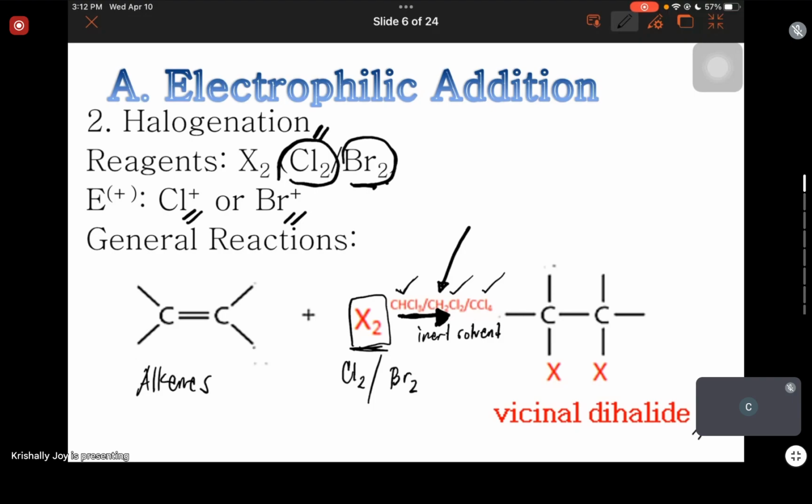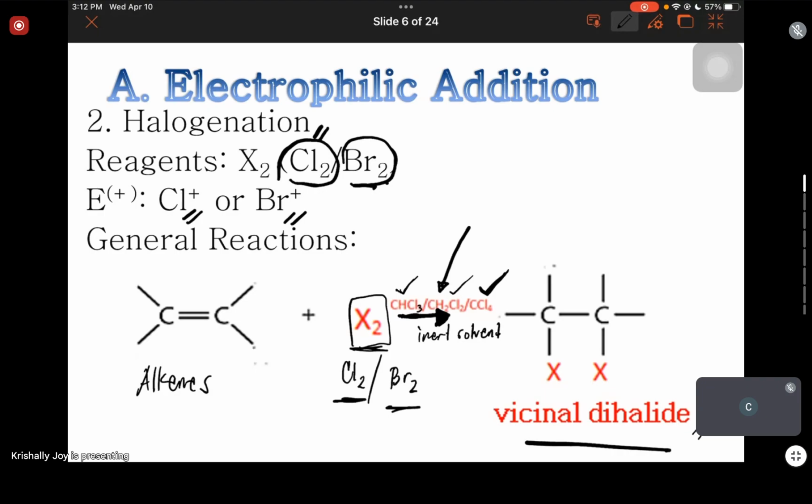Chloroform is CHCl3. Or ang inert solvent na ginamit is dichloromethane or carbon tetrachloride. Either of these three na inert solvent, class, kasama siya upon chlorination or bromination, ang product is vicinal dihalide.